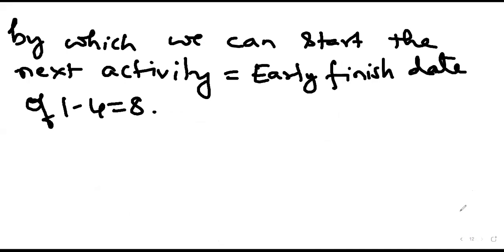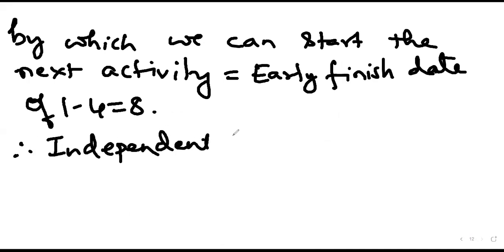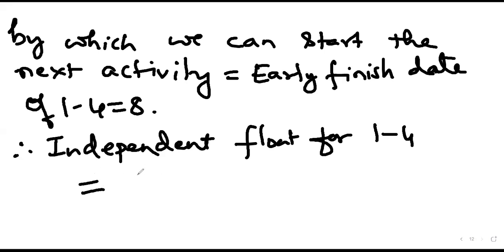Zero. Correct. So therefore, the independent float for activity 1-4 is equal to 8 minus... What is the duration? No, not the duration.